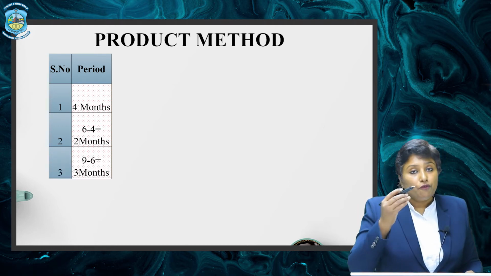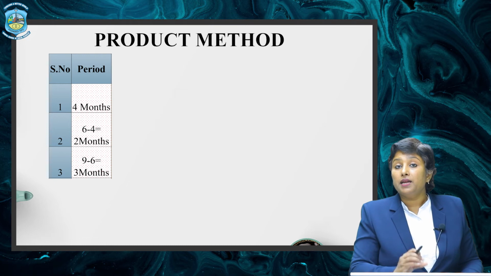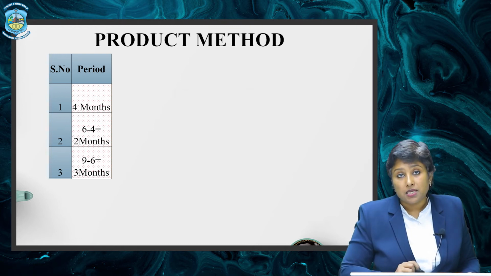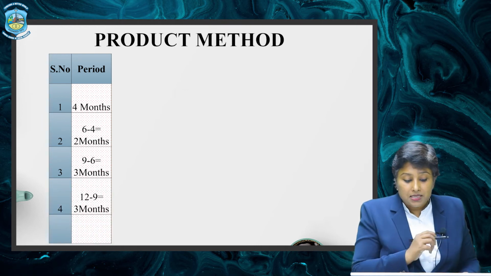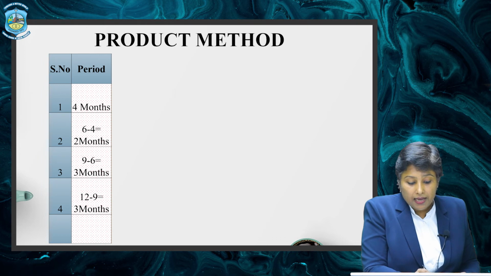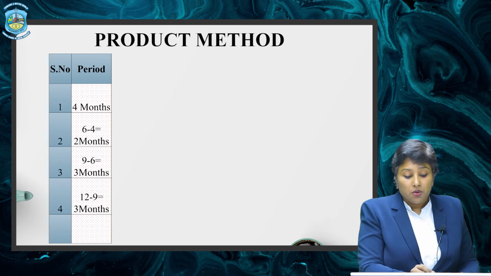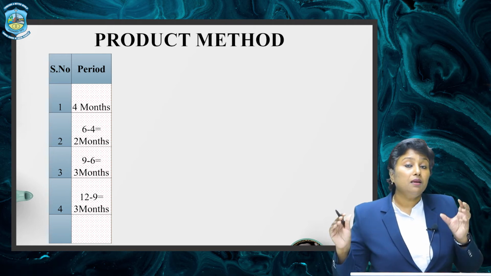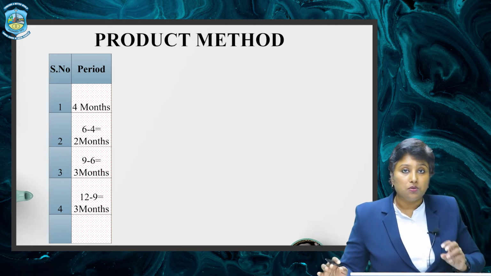The same way for the next installments also, you need to find the difference in the time period. So the third installment became due after 3 months, that is 9 minus 6 months. And similarly, the last installment became due again. By deducting 9 from 12, you get 3 months. Okay. So the different time periods have been given to you and you have calculated the outstanding months.